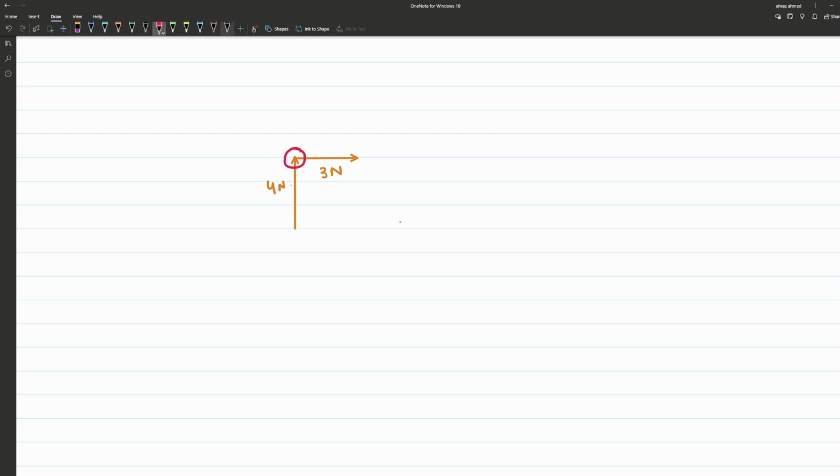Now we want to complete this triangle by meeting the head and the tail that's left. So I'm going to take a different color and draw a line like this. This line that we see is our resultant vector. We don't know this resultant vector, so I'm just going to call it x. Okay, so now we're going to solve for this resultant vector using the Pythagoras theorem.